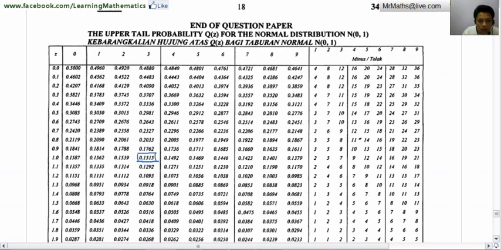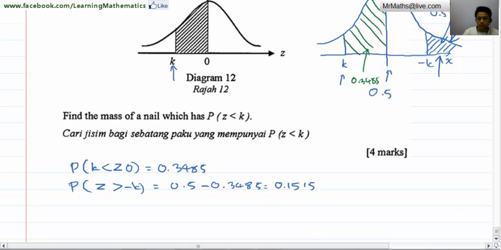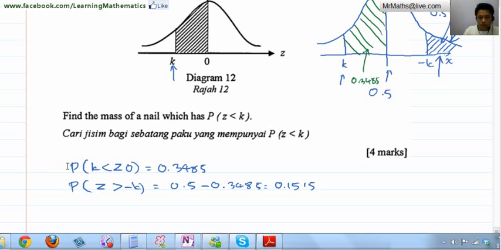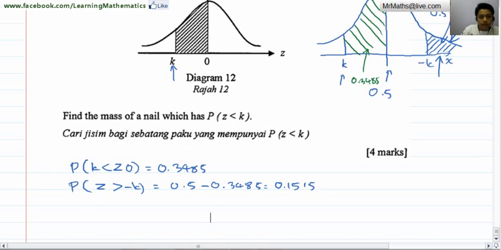So that matches 1.03. So the value of minus k is 1.03. Then k is really minus 1.03.